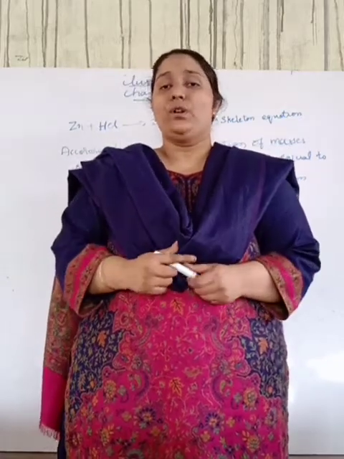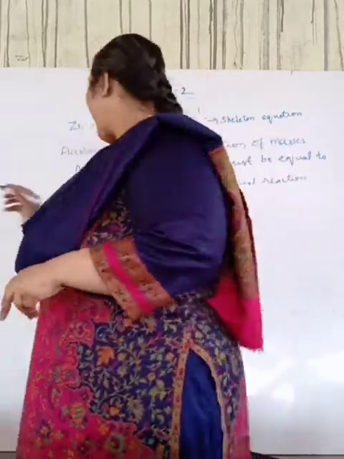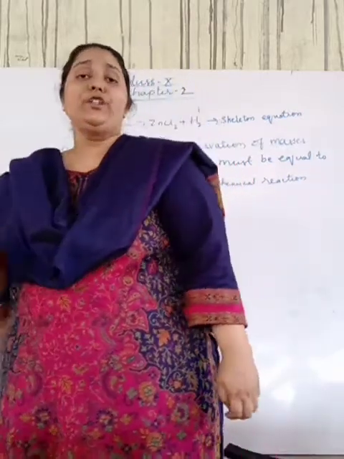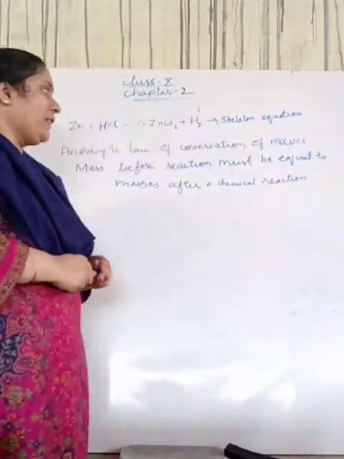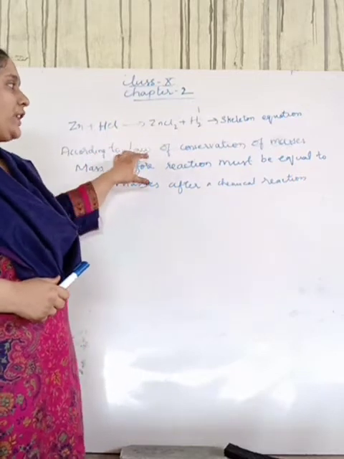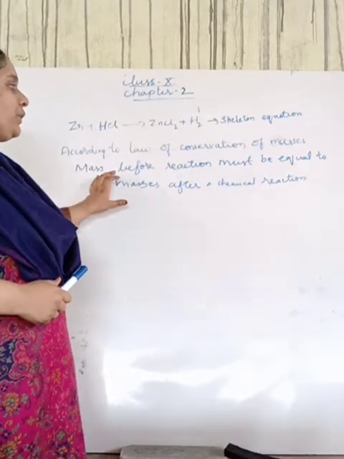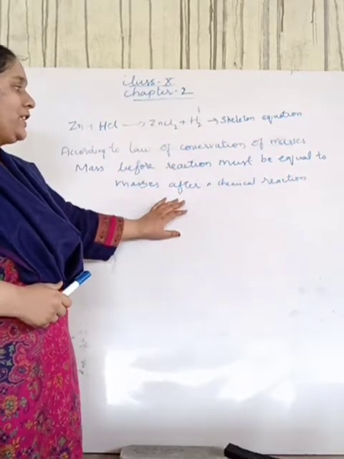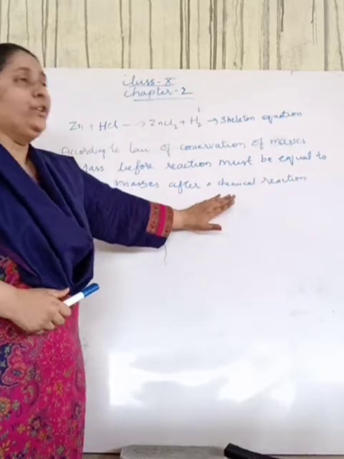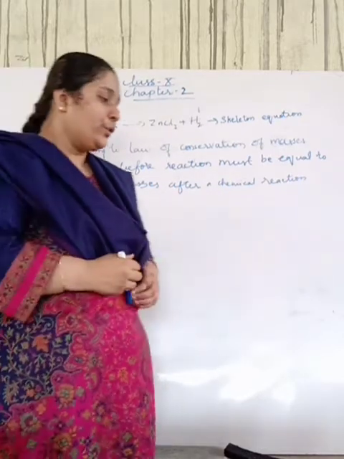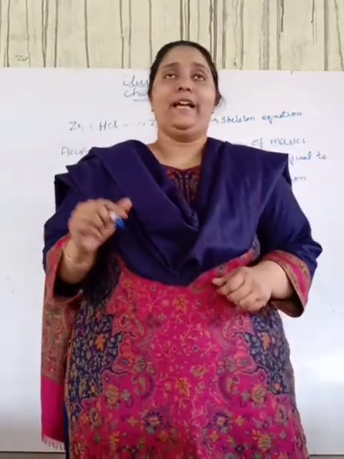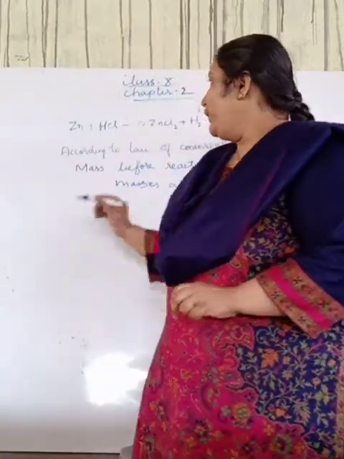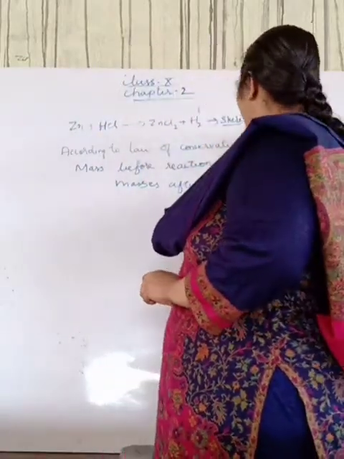So according to that law of conservation of mass, masses before the reaction must be equal to masses after the chemical reaction. For that reason, we need to balance this skeletal equation.